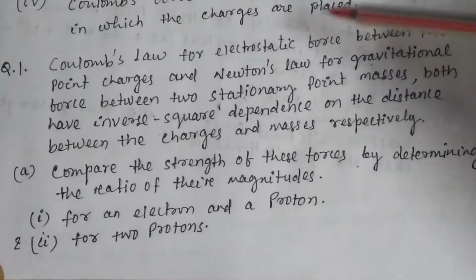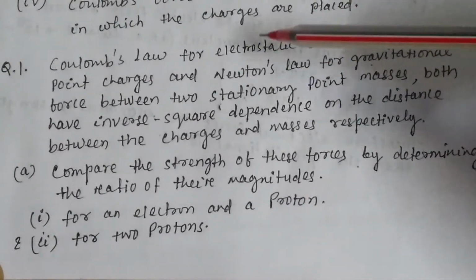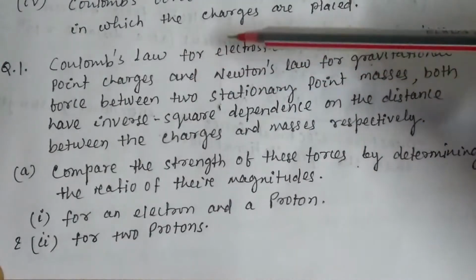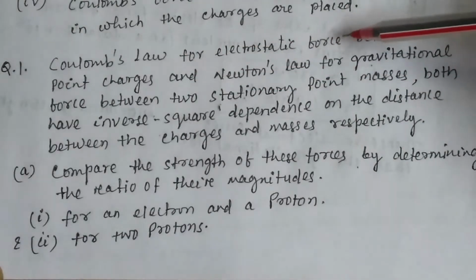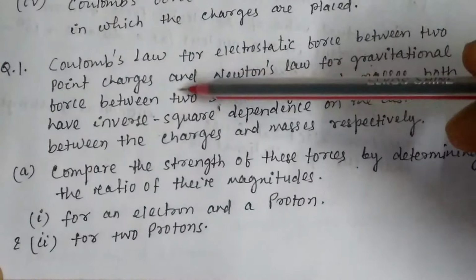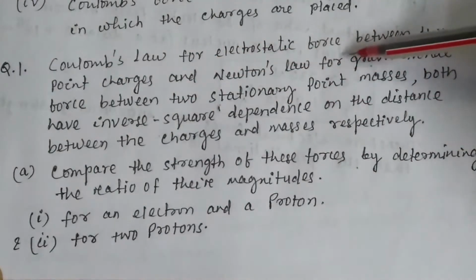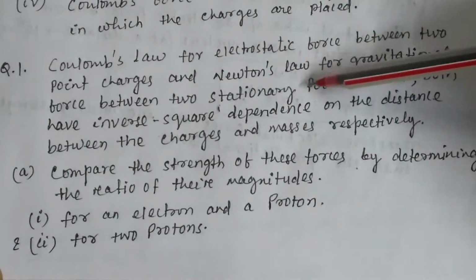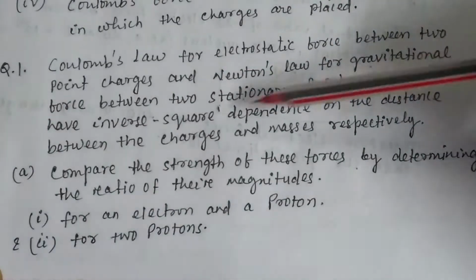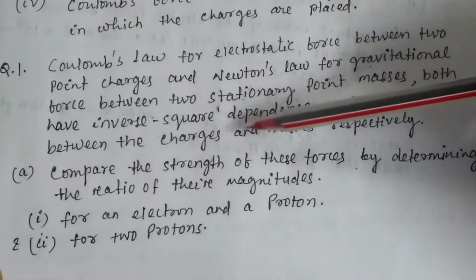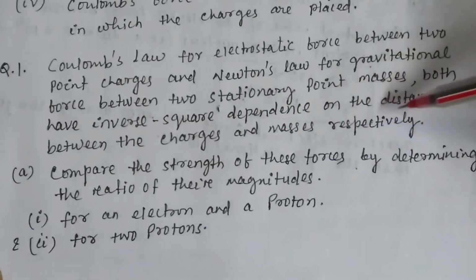Today we will discuss some problems on Coulomb force. The first question: Coulomb's law for electrostatic force between two point charges and Newton's law for gravitational force between two stationary point masses both have inverse square dependence on the distance between the charges and masses respectively.